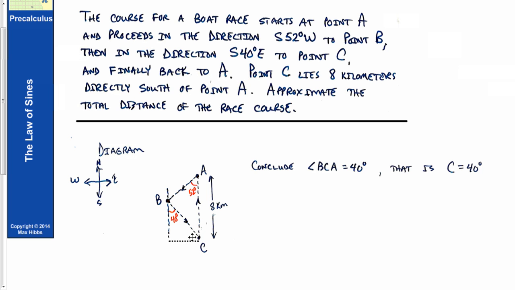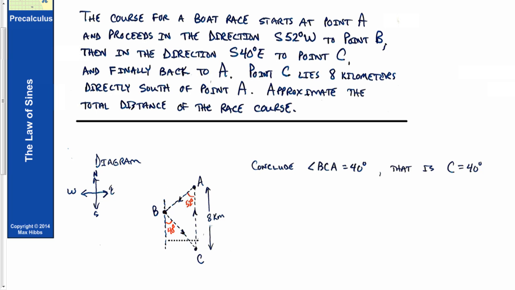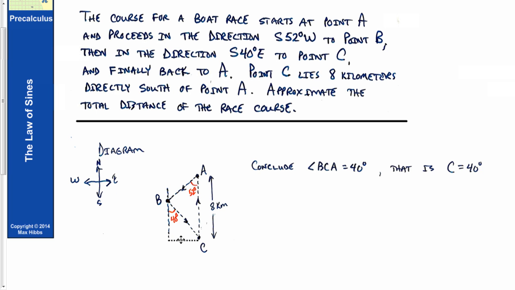Well, I keep goofing that up, don't I? In fact, these are transverse angles, or interior angles, of a transversal to two parallel lines. So from geometry, we should have known that this was 40 degrees anyway, but I've explained it here.